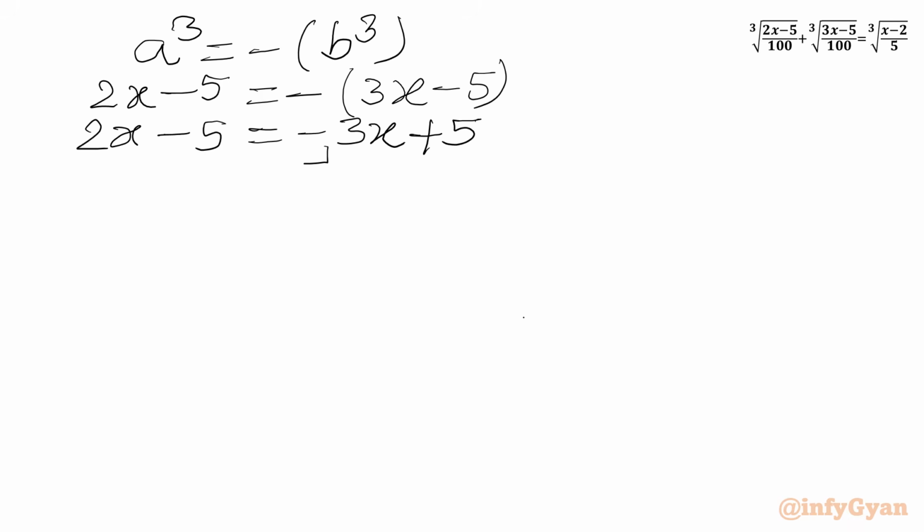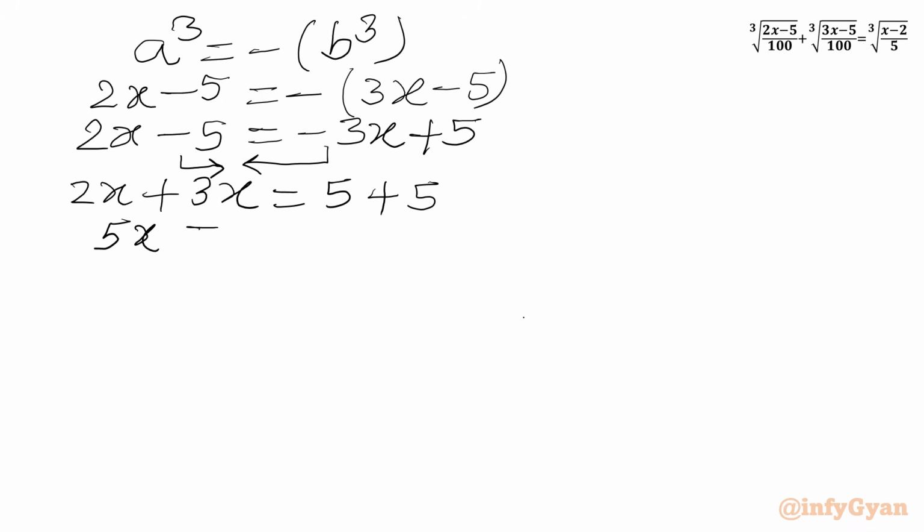Now we'll take minus 3x to the LHS and minus 5 to the RHS. So 2x plus 3x will be our left hand side and 5 plus 5 will be in the right hand side. So 5x will be equal to 10. After dividing by 5 both sides, we are going to get our first real solution, x equal to 2.